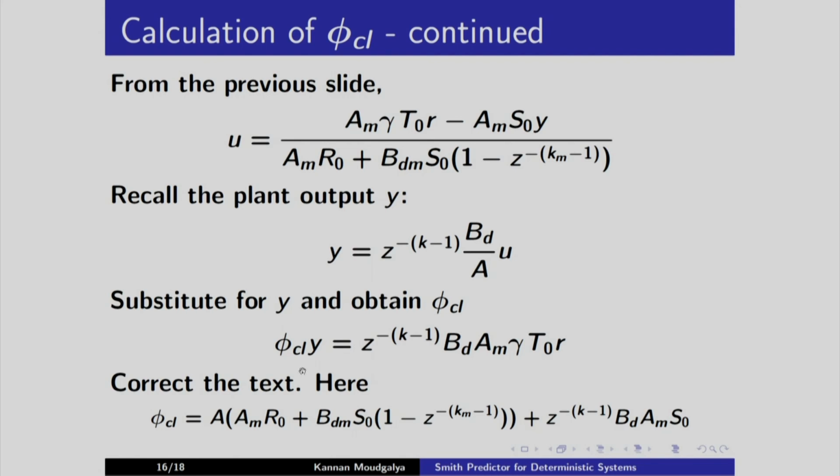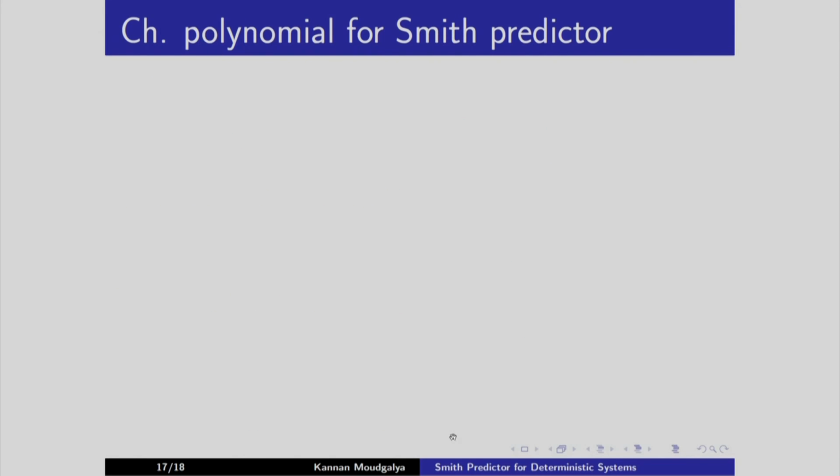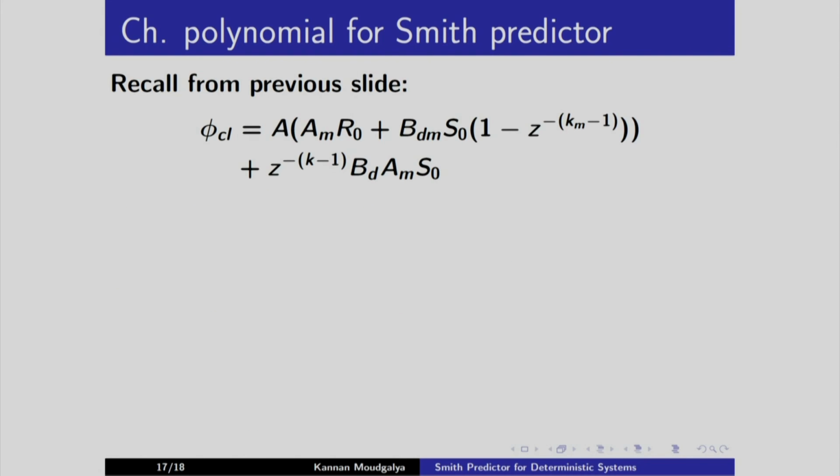You can see the expression for the characteristic polynomial to be as given here. I would want you to check this also. So this is the characteristic polynomial for the Smith predictor using the 2-DOF pole placement controller.